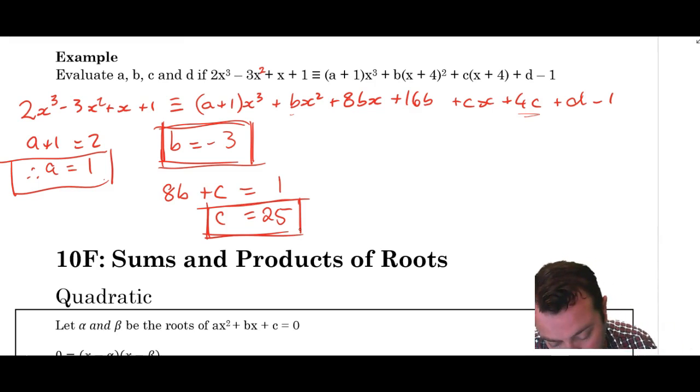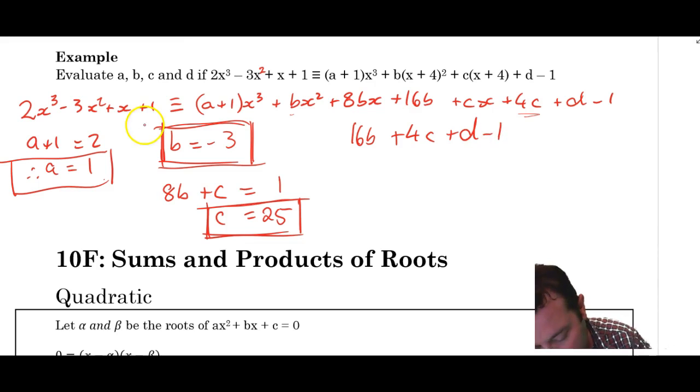Now we're going to look at the constants. The constants I have are 16b plus 4c plus d minus 1 equals 1. Now 16b is -3 lots of 16, which is -48.